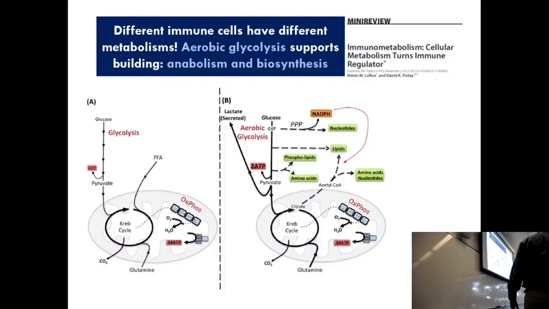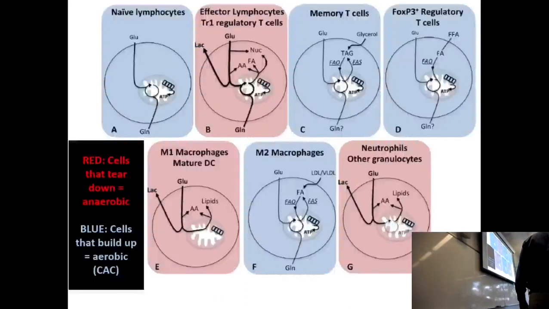This is doing catabolism, but it's not really doing anabolism. It's not really building up any of the green things. And so you can have this aerobic glycolysis support building anabolism. And so this is the one that I really want to show you. This is where we can see it.